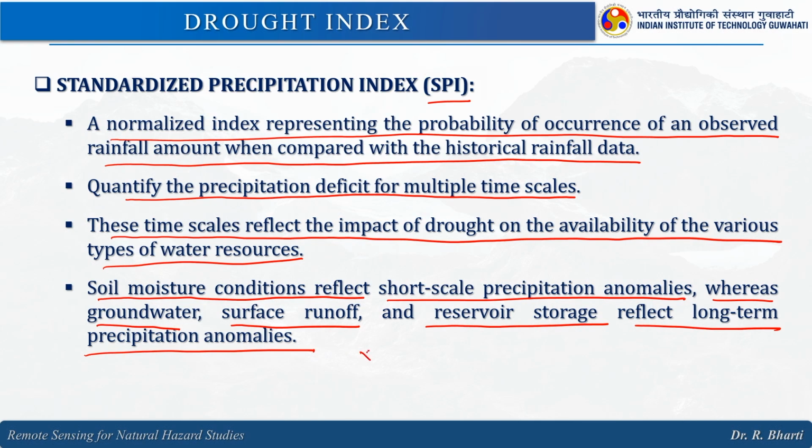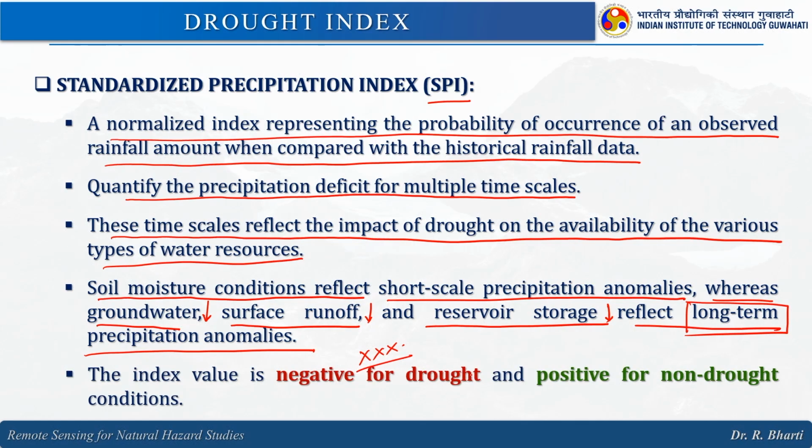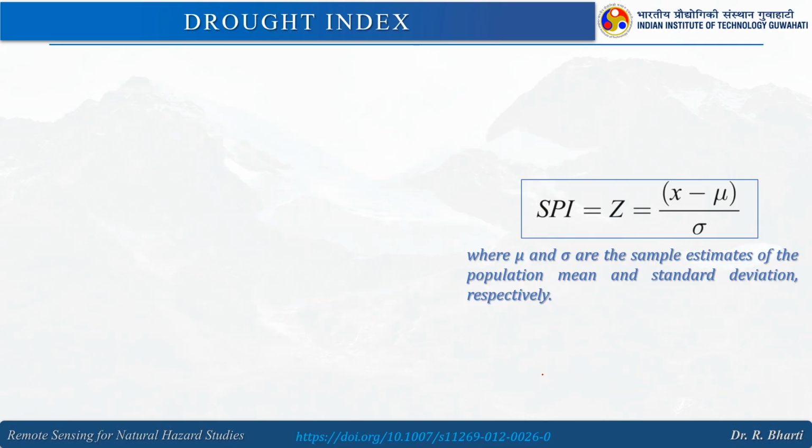If there is no precipitation in some area, then the groundwater will go low, surface water will be less and the reservoir storage will also be less. So this is a long term anomaly or long term phenomenon. The index value is negative for drought and positive for non-drought. We will see that.